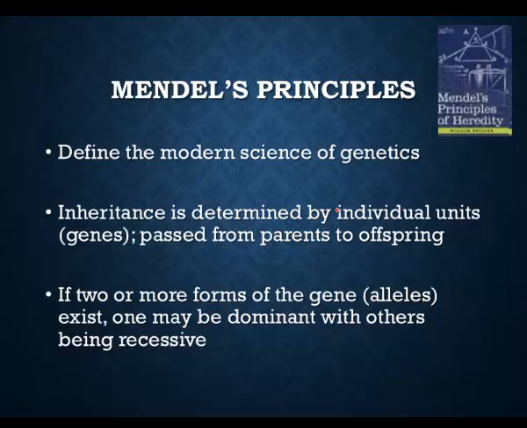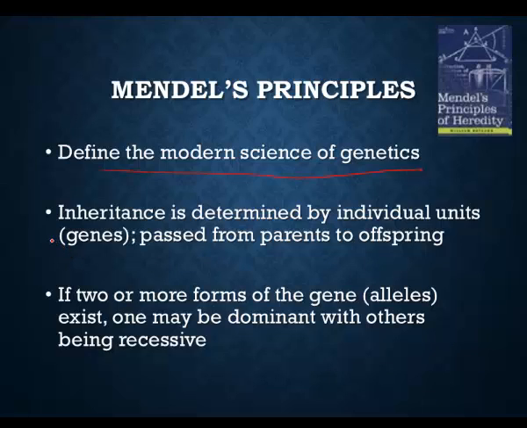So Mendel's principles, what do they do for us? We'll be studying this a lot more, especially when we get to our fruit flies, and especially when we start studying human inheritance, and the big thing is genetic disorders. So he defined the modern science of genetics, mainly by backing up what he said with data.